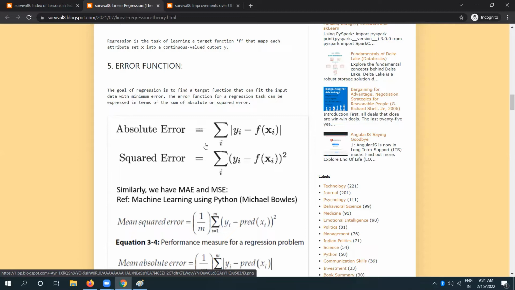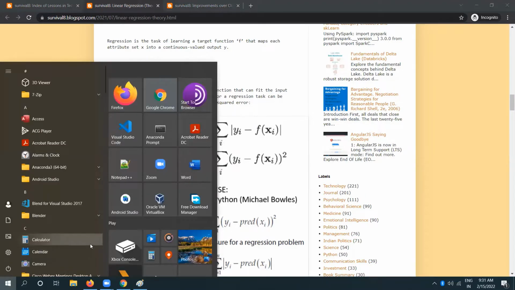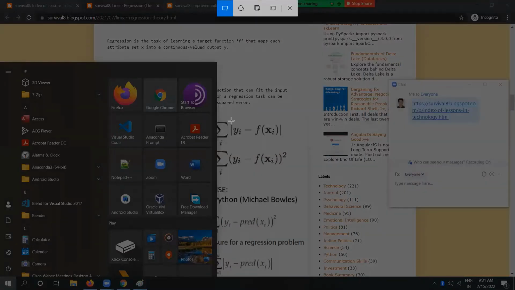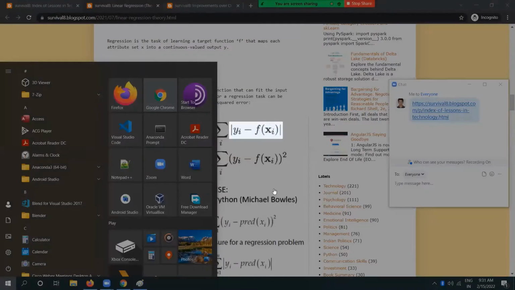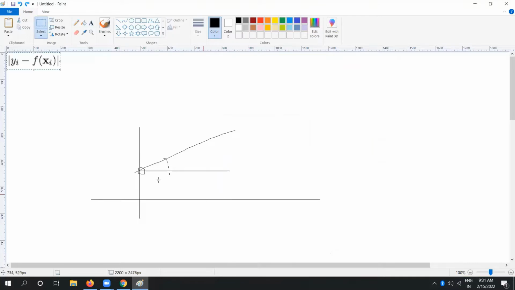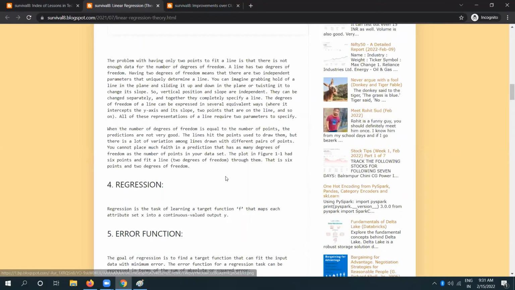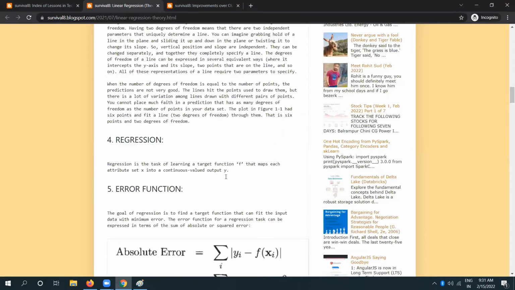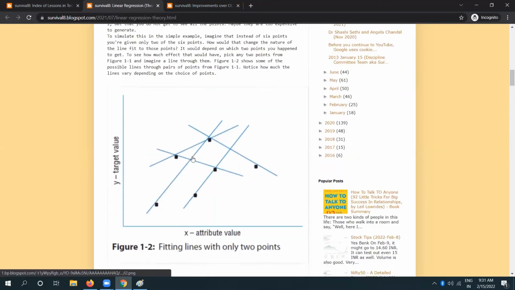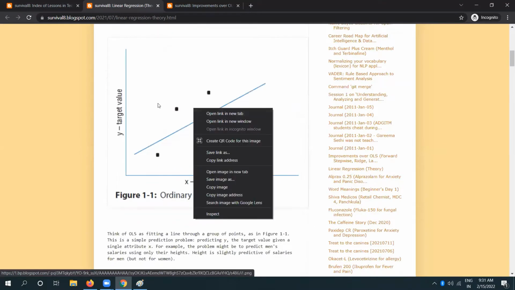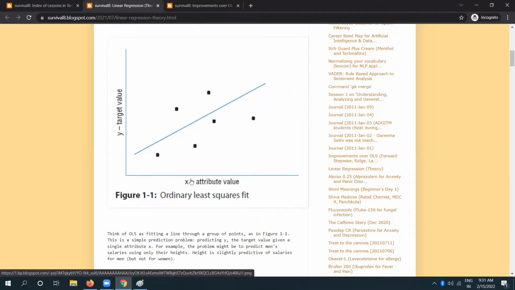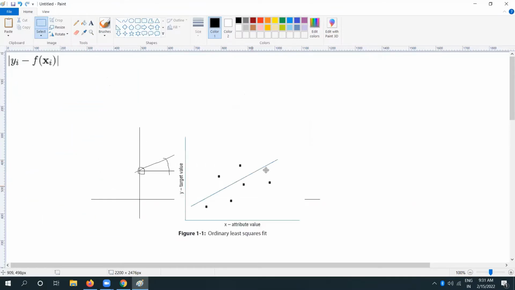Does it mean for a particular coordinate, yi is the y-axis distance and xi is the x-axis distance? One second, I'll explain in this picture only. In this picture, I'll copy the image and paste it here.